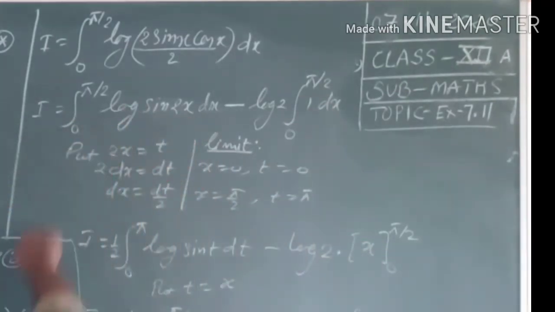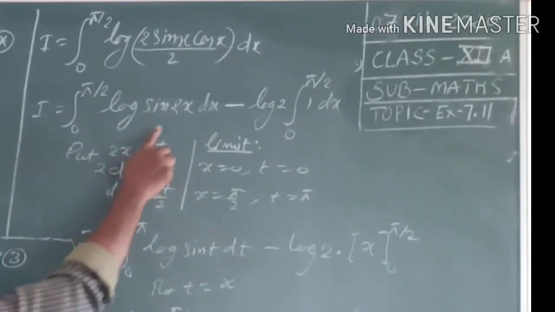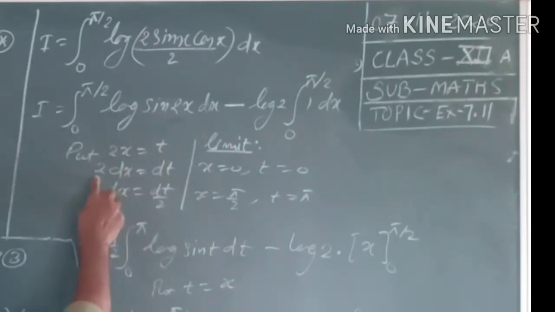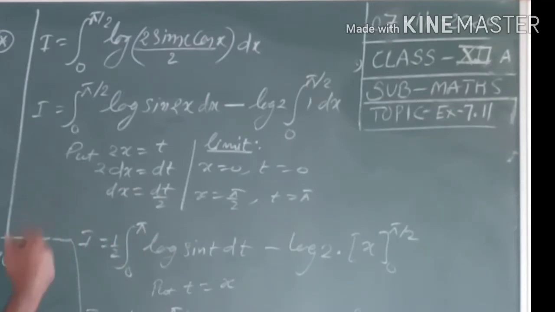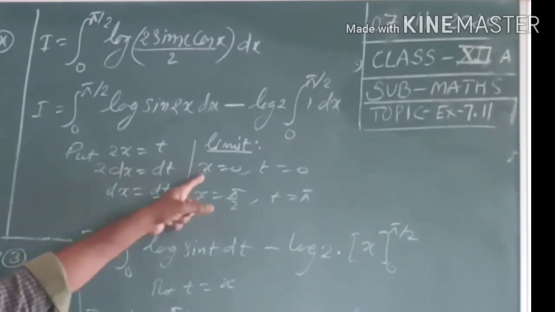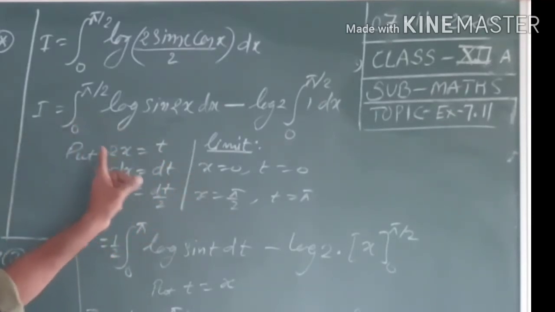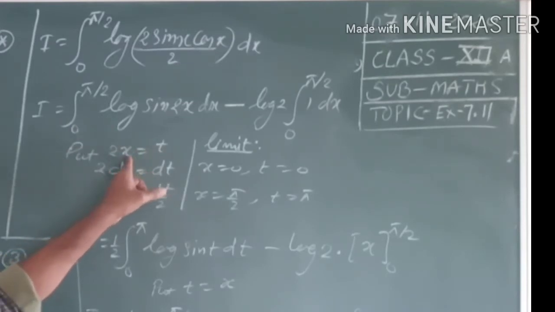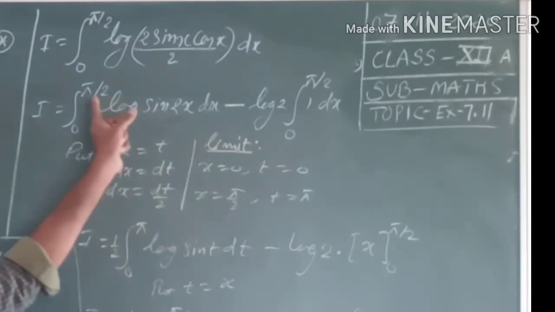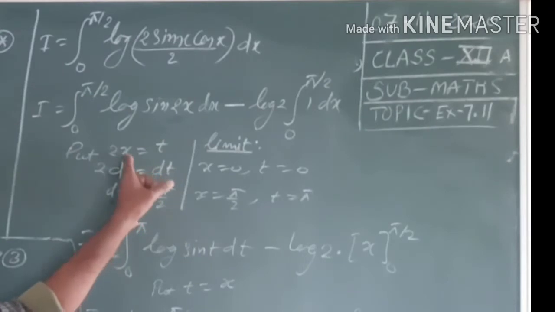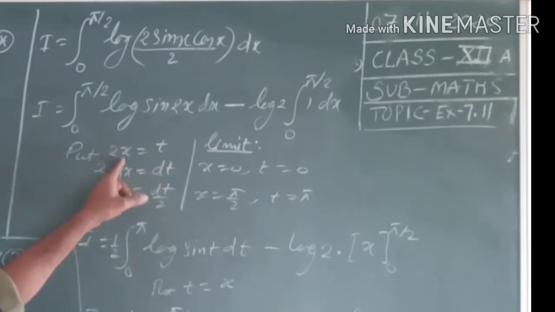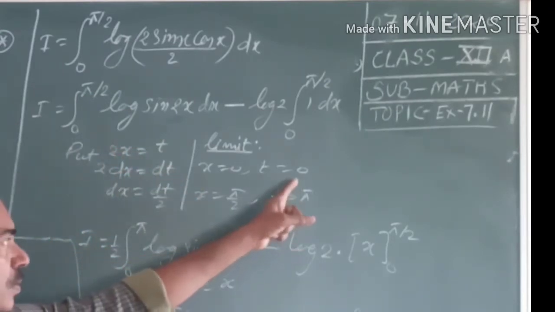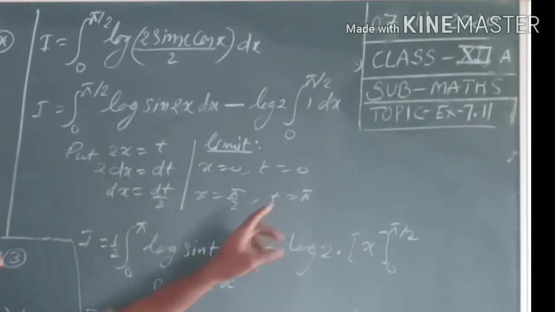Now in the first integral, if you put 2x equal to t, then 2 dx equals dt, or dx equals dt by 2, and also change the limit. When x equals 0, t is also 0. And if x equals pi by 2, then 2 and 2 cancel, only pi remains. So our new limit is 0 to pi.